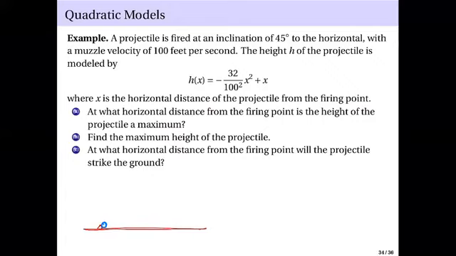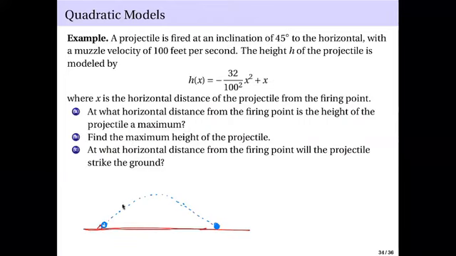Once this is fired, it will create a projectile motion that goes something like this. At the end you will have the projectile at this position, and according to this equation, the projectile will be quadratic.